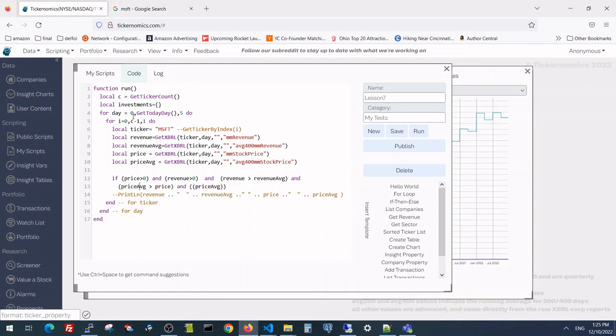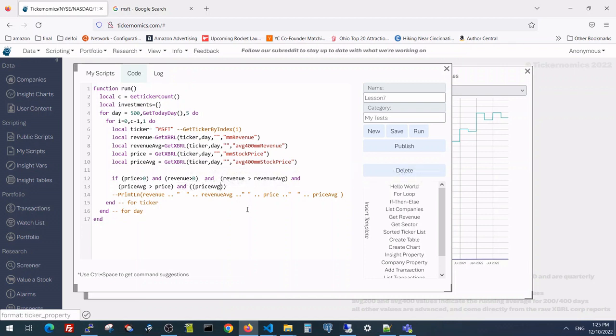Also, we need some back time, right? 365 days. So let's start at least 400 days from, we'll say 500 days from the beginning of time, which is like 10 years ago. So price above 0, revenue is above 0, and revenue is above revenue average, and price average is above price.